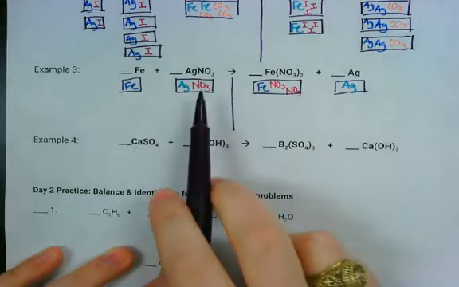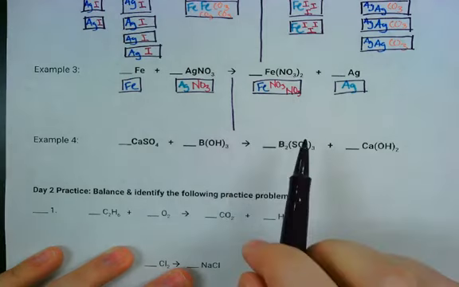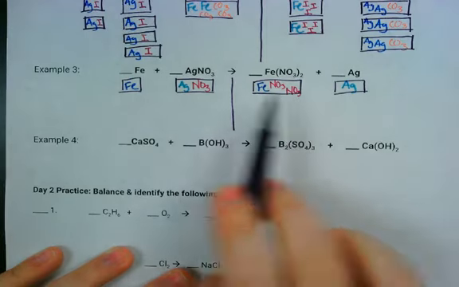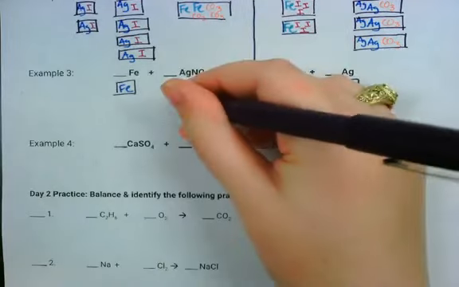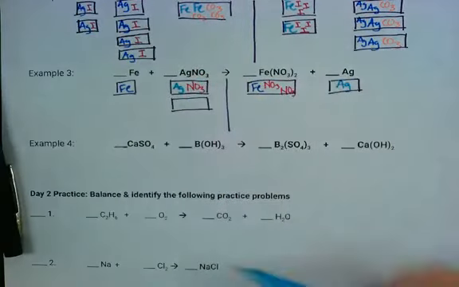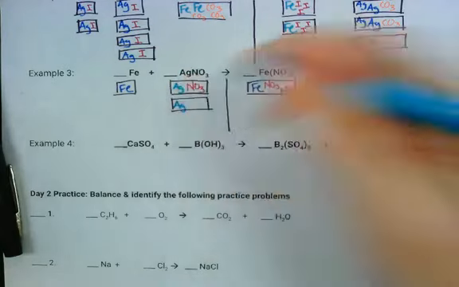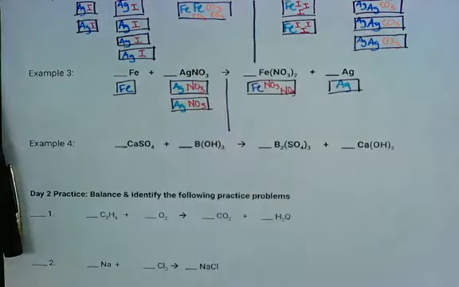Nitrate, 1, 2. That's not balanced. We have 2 on this side, 1 on this side, so where are we going to need to add a box? Yep, on the left. Fantastic. So, the whole box. Alright, so now we have 2 NO3, 2 NO3. Awesome.